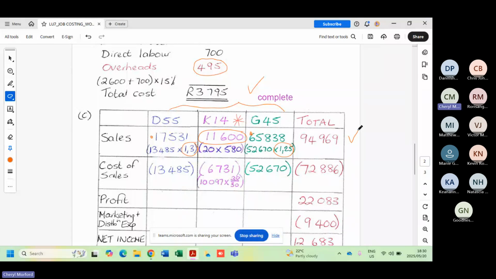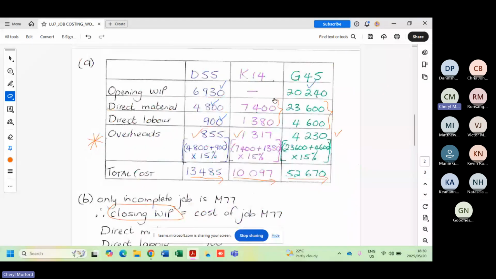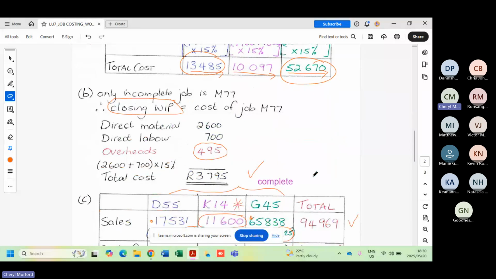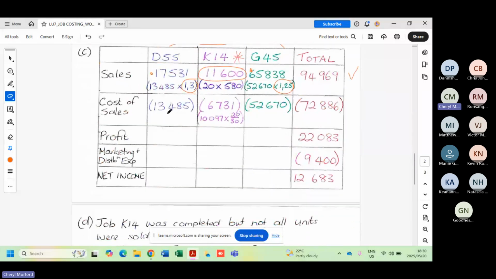Okay. What then are we going to do about the cost? Cost is nice. It's already worked out. So remember, from above, we've got the 13,000. Let me just prove to you there. Here, this one. 13,485 for D. 52,670 for G. So there and there.